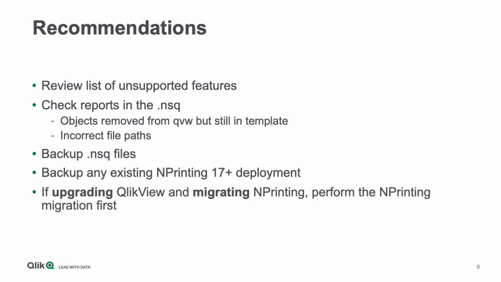Also, a very critical point here. If you are a customer who is upgrading both QlikView and migrating Qlik NPrinting, it is highly recommended that you perform the NPrinting migration first. The reason being is this will allow for less variability of the migration process.